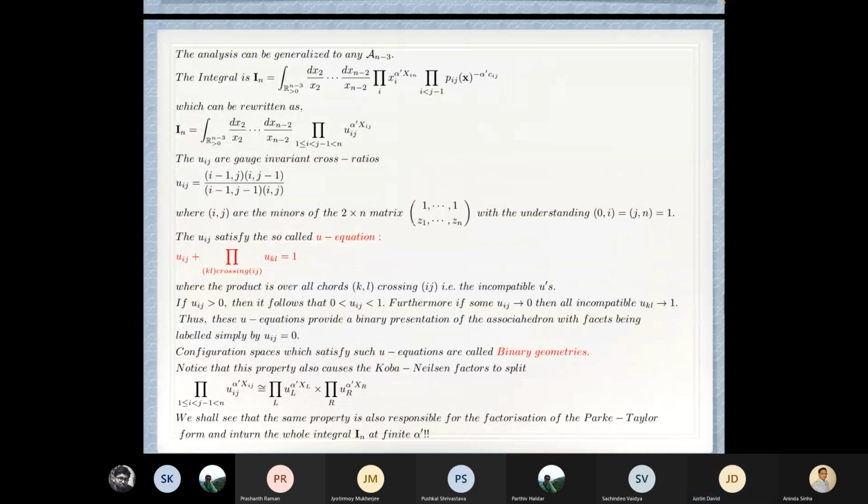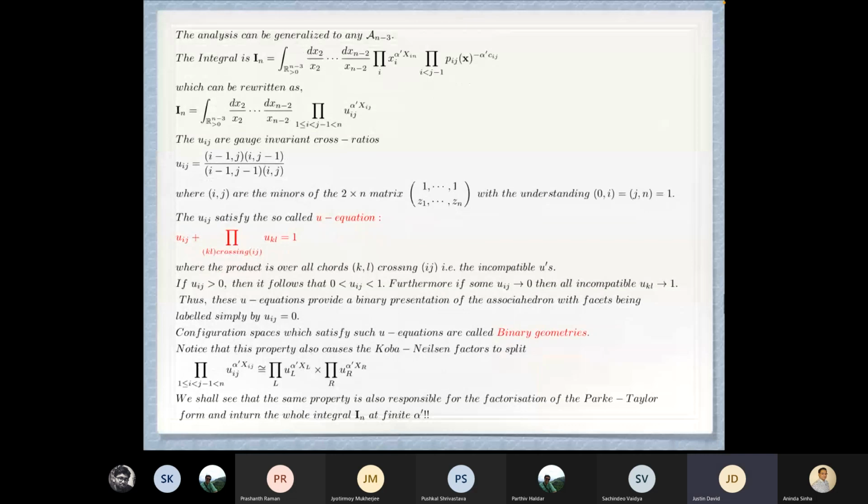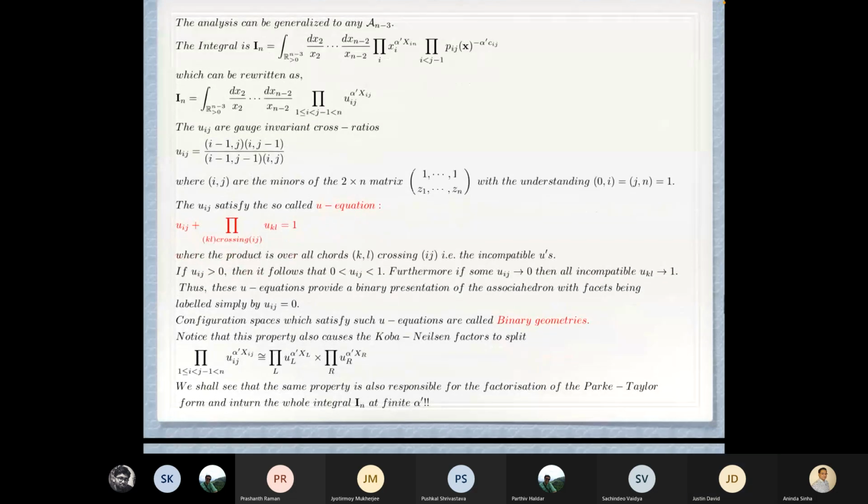And these new variables satisfy a very special relation, which is called the U equation, shown in red here: u_ij plus the product over kl crossing ij of u_kl equals 1.